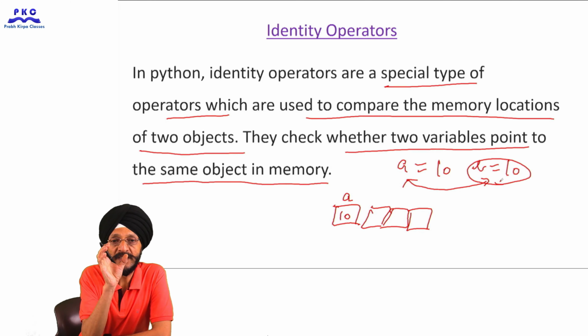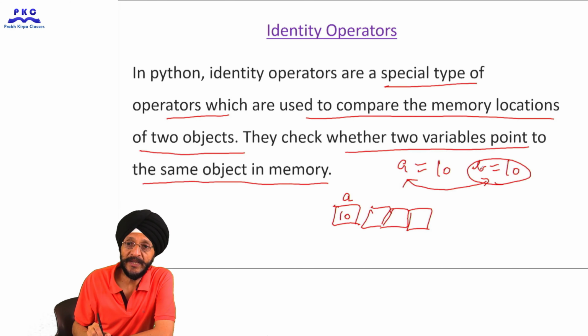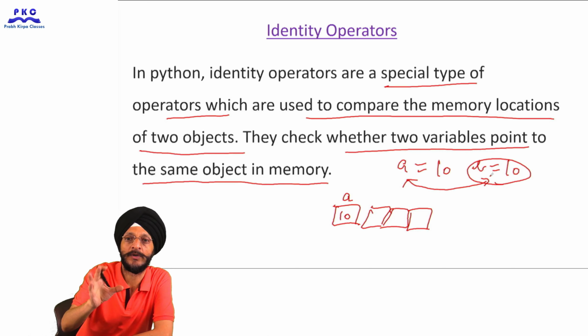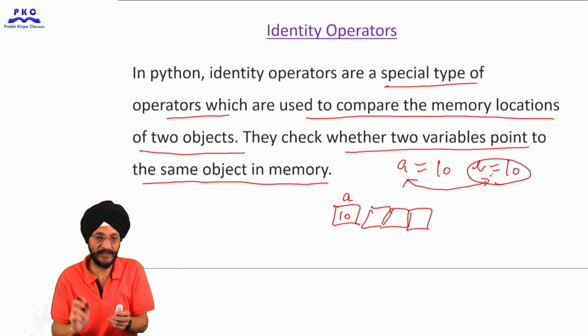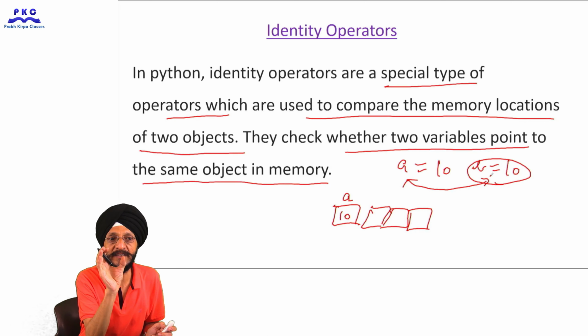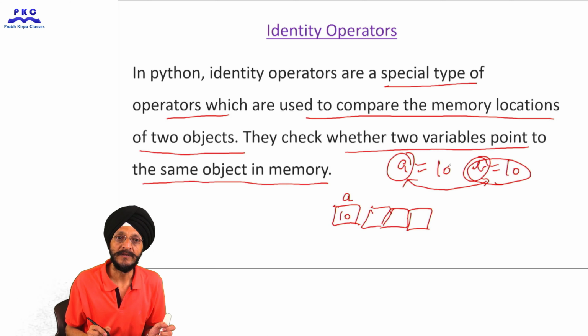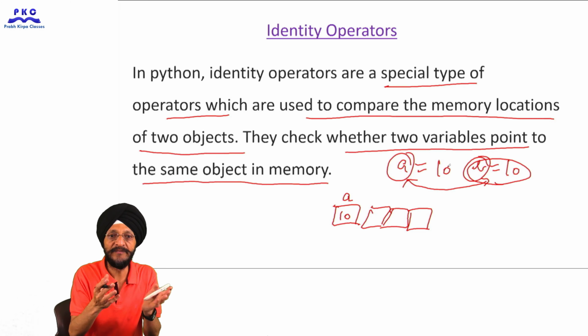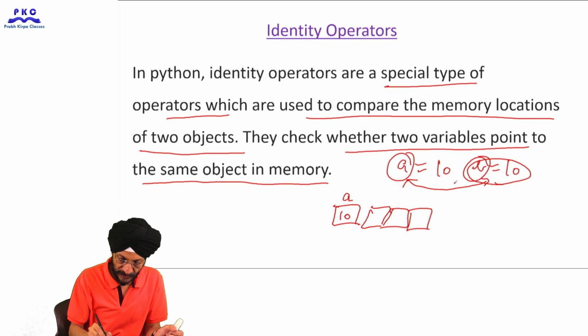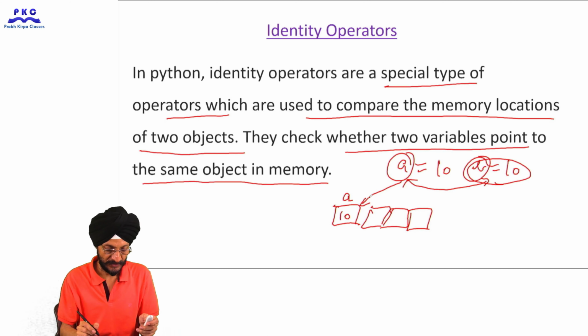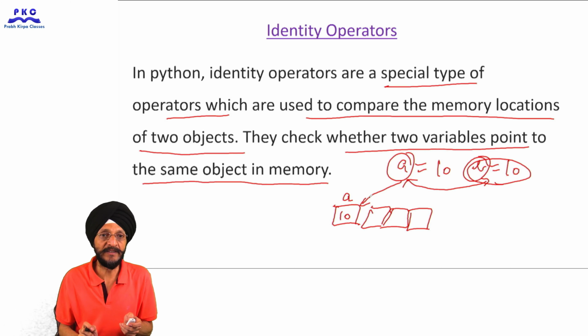So now this identity operator will find out whether B has also the same memory location, whether the memory address of A and B is same or not. This is the question of identity operator. It will find out whether the memory location of two objects A and B is same, in the same way, whether two variables A and B point to the same object in memory. This is the point we will discuss in detail.